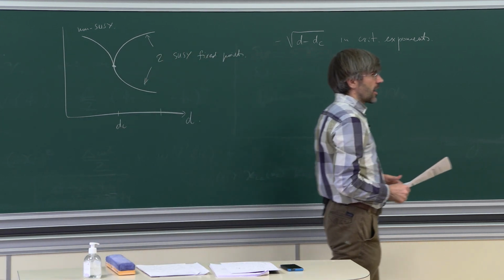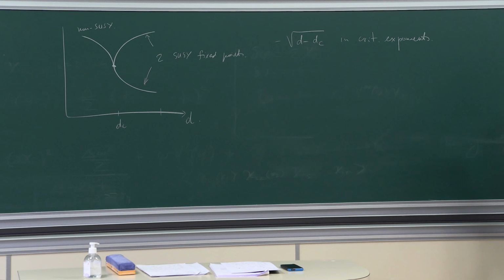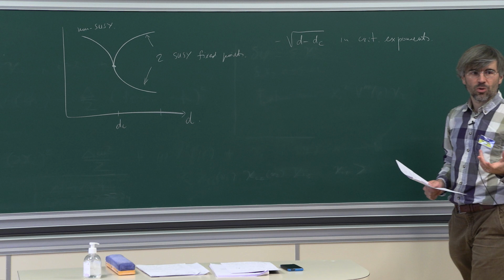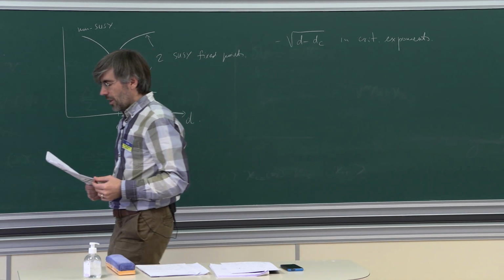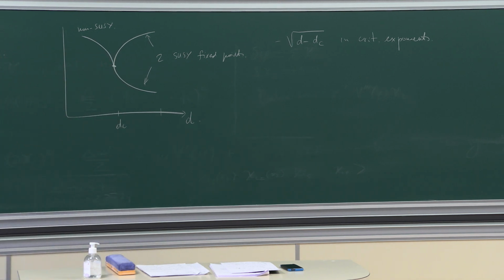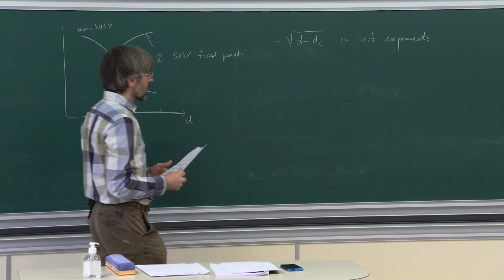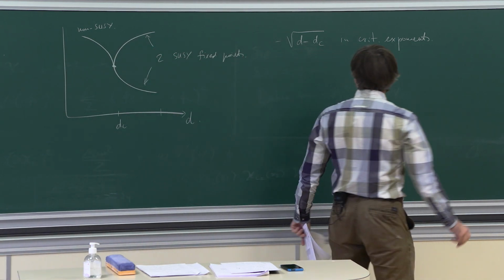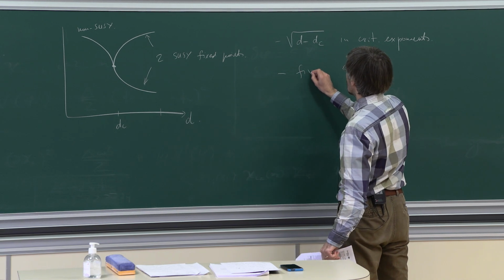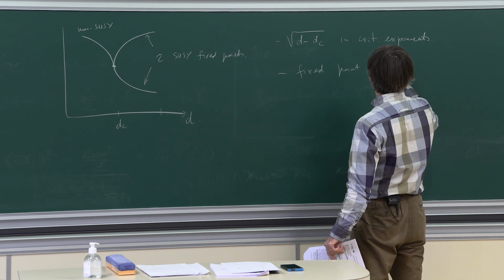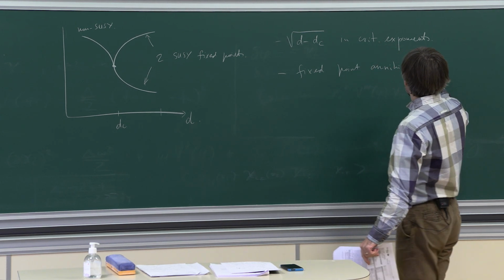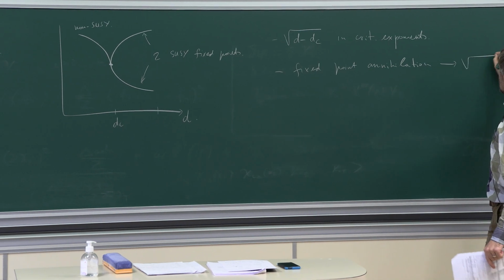And when the couplings which become relevant do not have the same symmetry as the Lagrangian that you break, then typically you don't expect to have these square root singularities. While the classic example when you do have square root singularities is indeed fixed point annihilation. Fixed point annihilation indeed gives this sort of square root singularities.